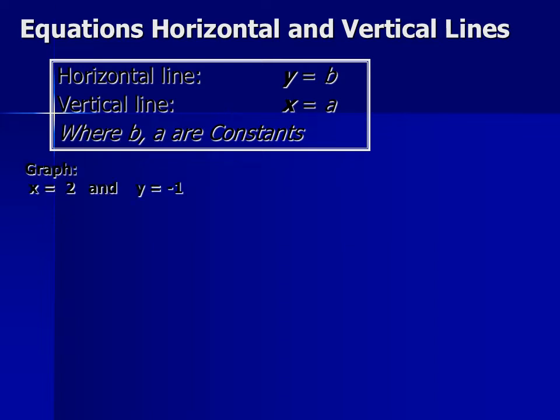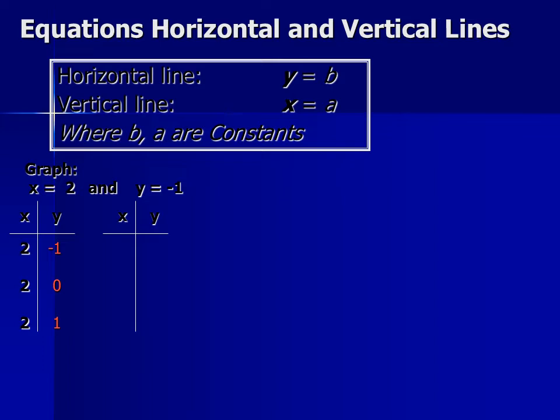Here we have graph x equal 2 and y equals -1. See here the first one, x equal 2, that means the value of x is constant, all the time is 2, while the values of y are different. See here, I can put any values for y.